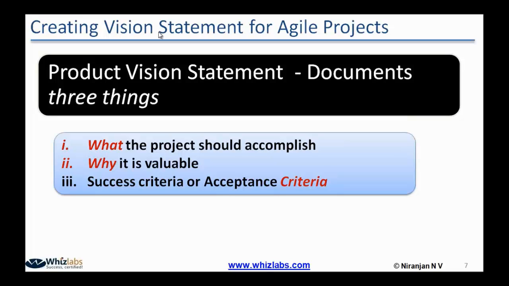For example, we have an ATM software or ATM system. The ATM system has a set of features like withdrawing cash, transferring funds, or opening fixed deposits. So the product vision statement should document certain things to start the project so that the team gets some momentum, and this plan gets refined as and when a particular iteration gets over.